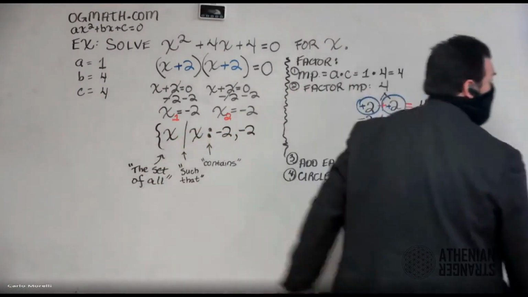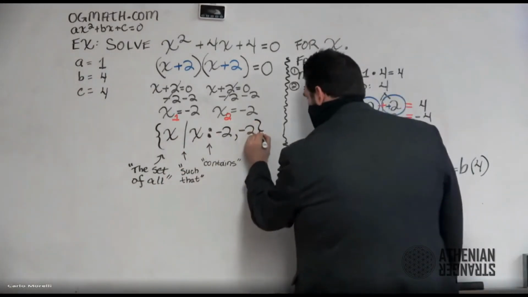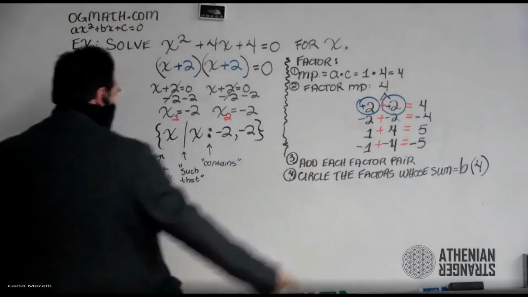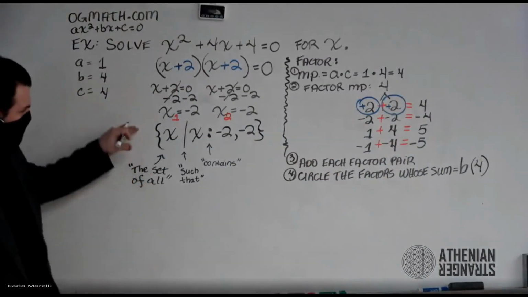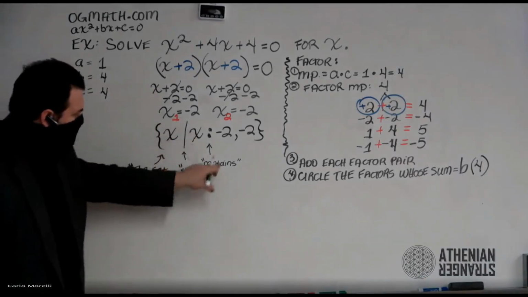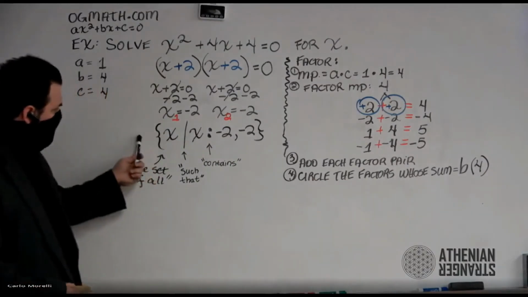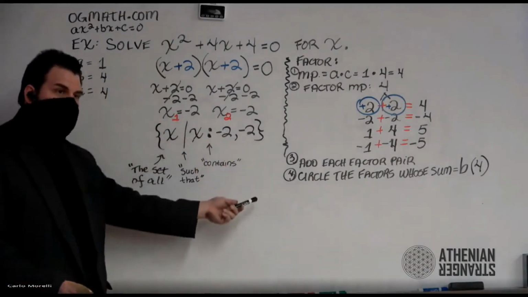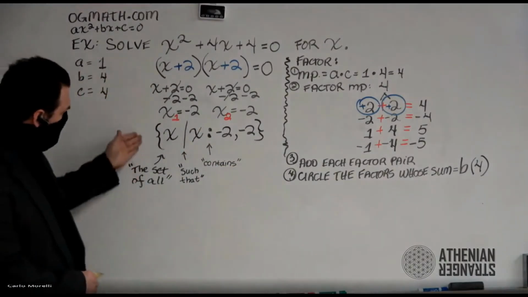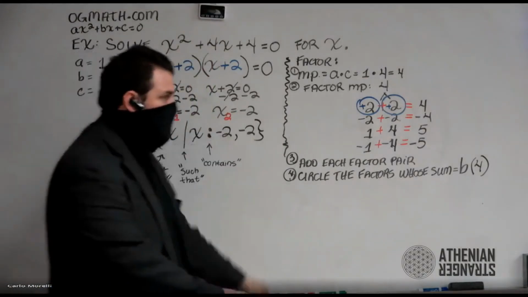And then we, like a code, like HTML or anything else, we're going to close the curly brace to finish it off. So let's read this sentence out loud and see why mathematicians prefer things written this way. The set of all x such that x contains -2 and -2. Okay? So when you learn what this all means, it makes more sense to write it like this. So it means that the x variable contains two elements, -2 and -2.